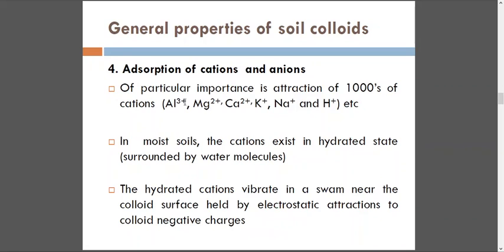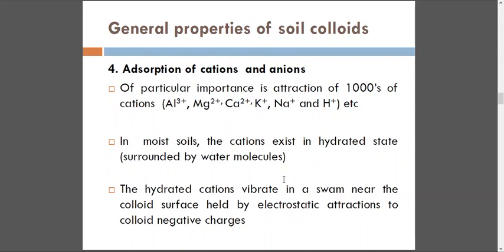Then the fourth property is adsorption of cations and anions, and that is what we've been talking about. If we start with the cations, for which examples are given in the brackets, we can see that we normally have attraction of thousands of cations in a typical soil.